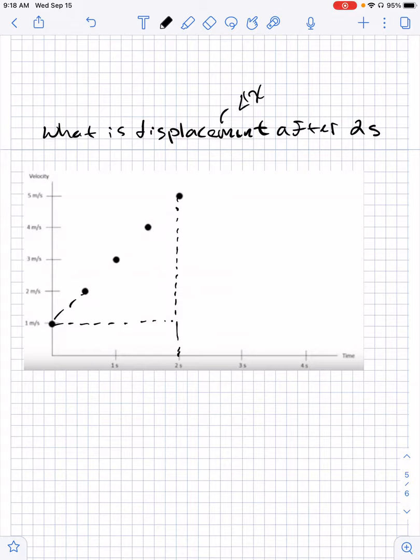So here we have this triangle, and remember the area of a triangle is equal to 1/2 base times height. For this triangle, my base is from 0 to 2 seconds, and my height is from 1 meter per second to 5 meters per second.